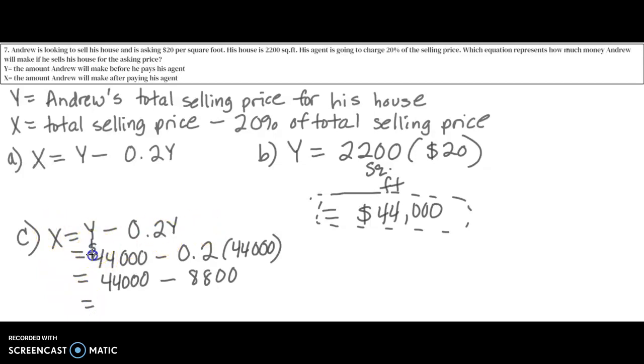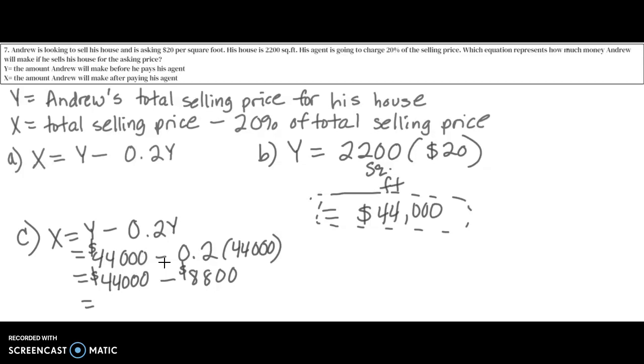let me just put the terms. So 44,000, which is the answer for B, which is Andrew's total selling price for his house.